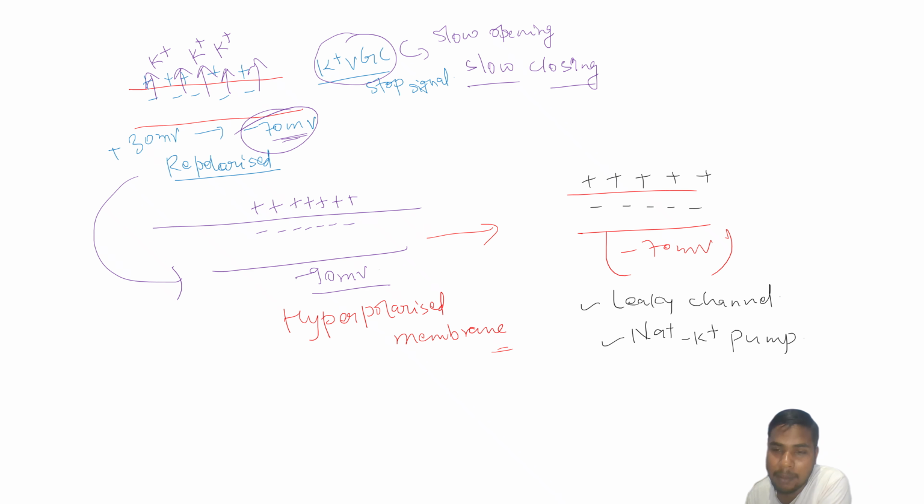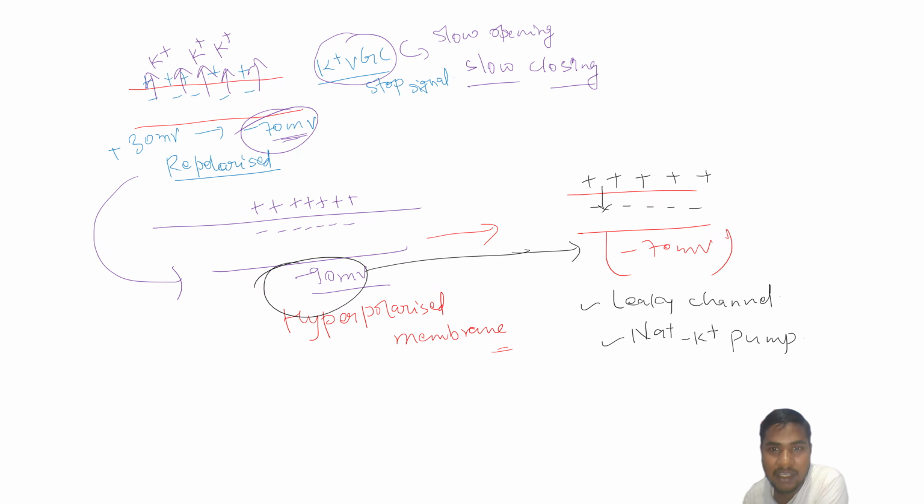These two combined affect this state and try to bring the membrane potential from minus 90 millivolt back to minus 70 millivolt. And the leaky channel is not now flowing outward. Actually it is flowing from outside to inside, carrying the potassium ion from outside to inside.